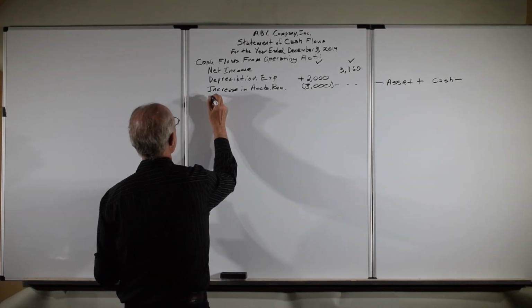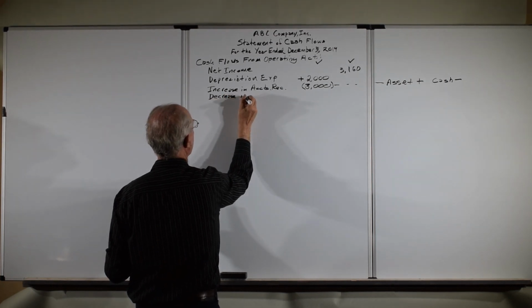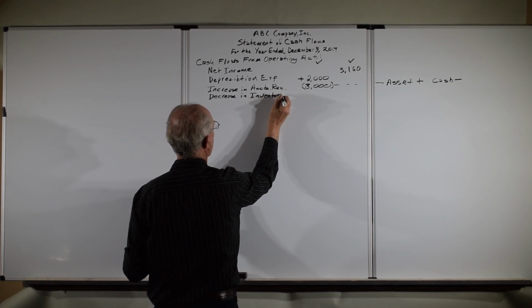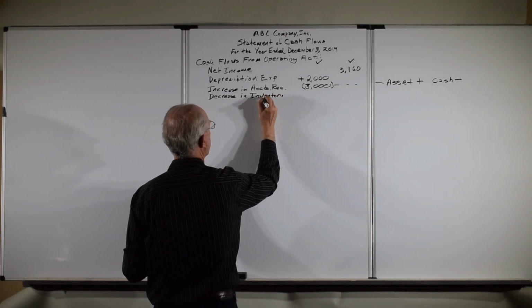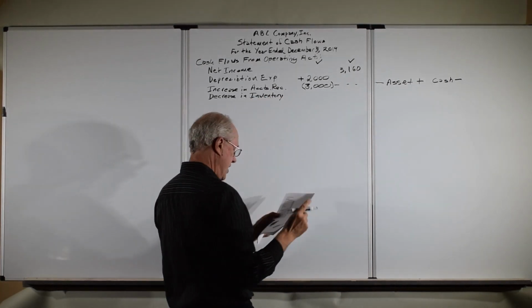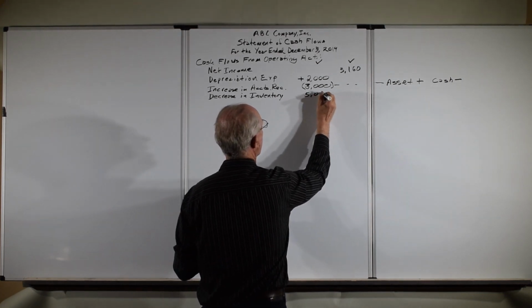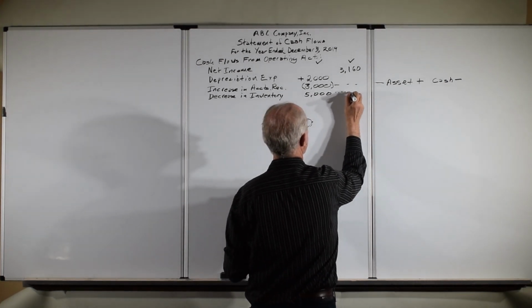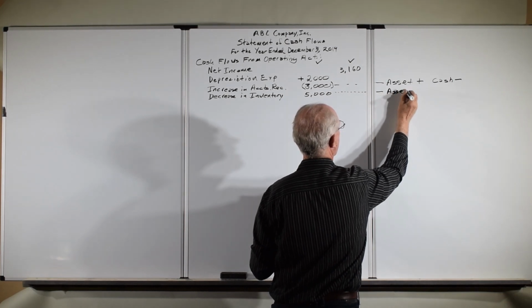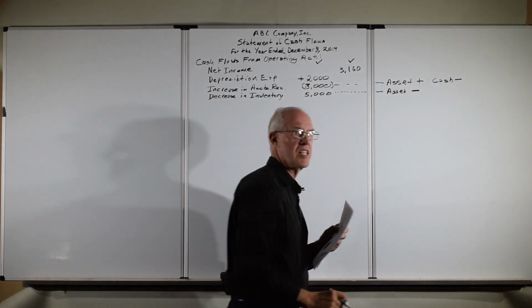So we've got a decrease in inventory of $5,000, and this time we've got an asset which is decreasing, a little minus sign there.